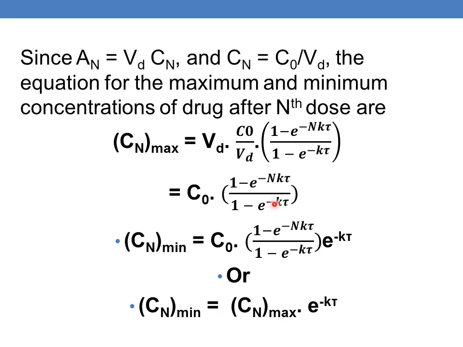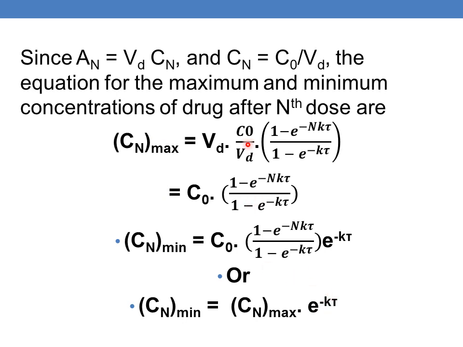Similarly, Cn minimum equals C0 into 1 minus e to the power of minus nk tau by 1 minus e to the power of minus k tau into e to the power of minus k tau. In other words, since C0 into 1 minus e to the power of minus nk tau by 1 minus e to the power of minus k tau is nothing but Cn max, Cn minimum equals Cn max into e to the power of minus k tau.